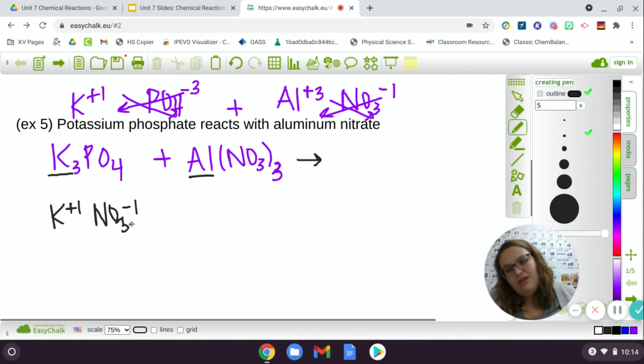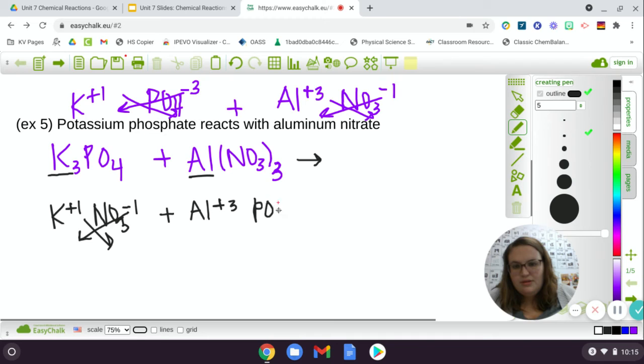And I'm going to rewrite this all at the bottom, and then we will do the phase notations. And then we're going to get aluminum. Oh, +3, -3, those are going to cancel as well. So potassium nitrate plus aluminum phosphate.